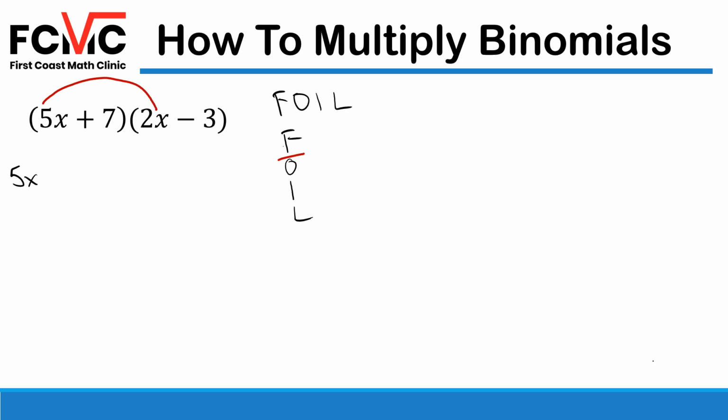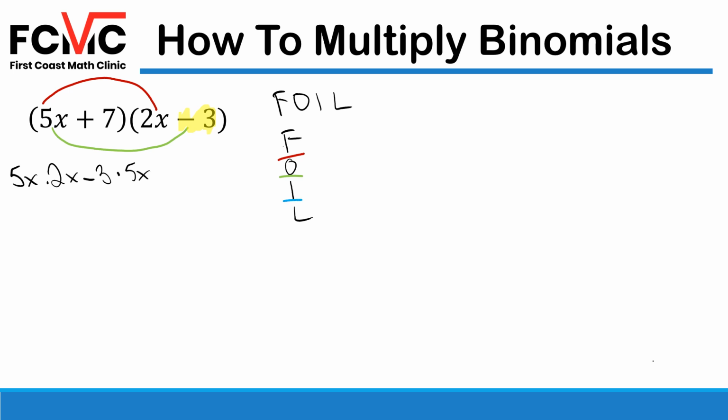So 5x times 2x. My outer are going to be the 5x and the minus 3. So I've got to include the minus sign with the 3. So when I write this out, it's going to be minus 3 times 5x. Those are my outer values.